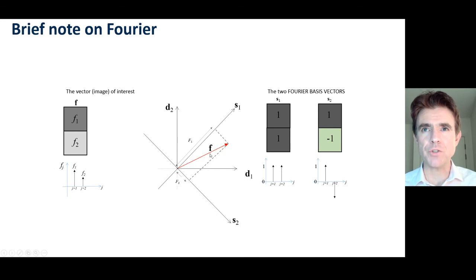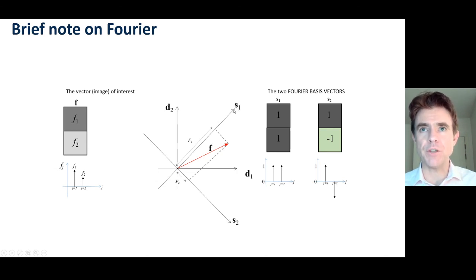But now the interesting example is to see what happens with the Fourier basis vectors. So remember they're S1 and S2, so 1, 1 and 1, minus 1. So let's take a look at the zero frequency. That's the cos of zero basis vector. So that's where we've got 1 and 1. Okay, so that's what I've plotted here, and that vector S1 is equal to a pixel value of 1 and a pixel value of 1.